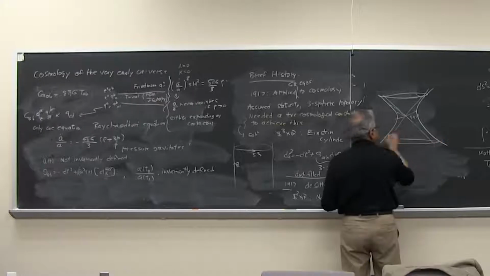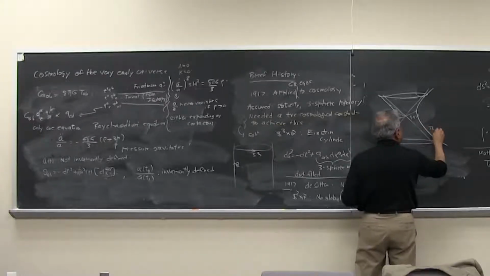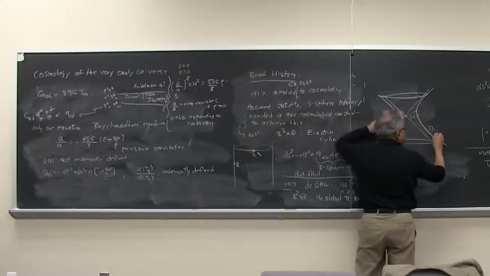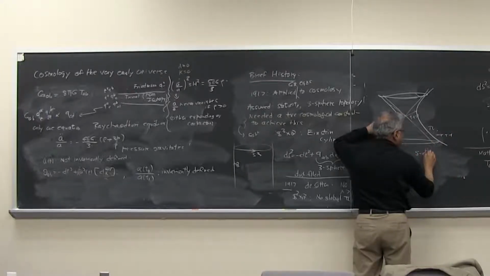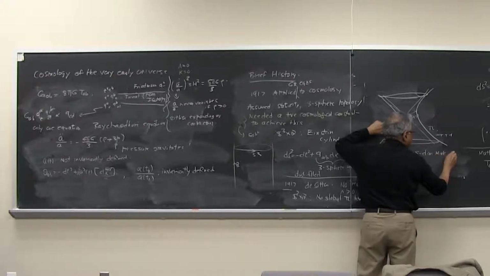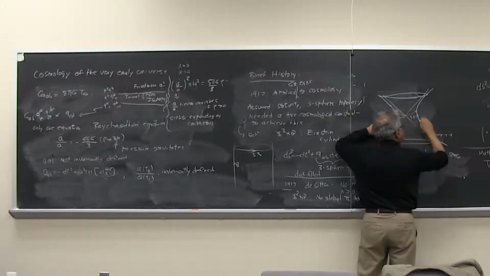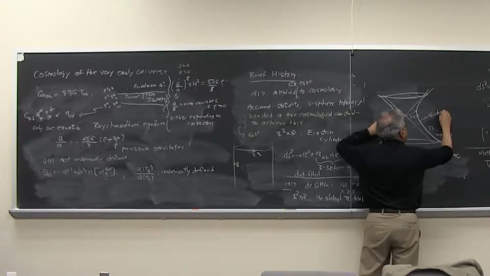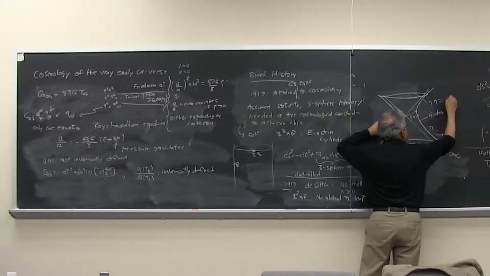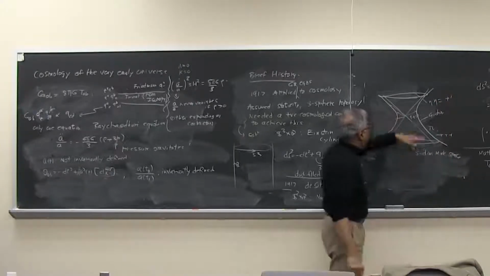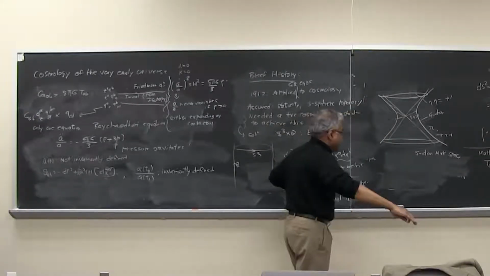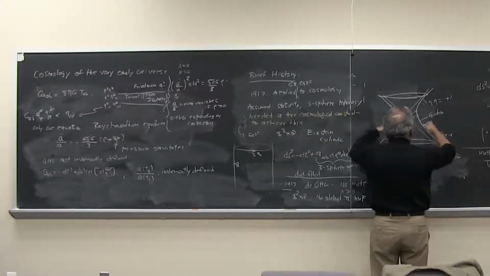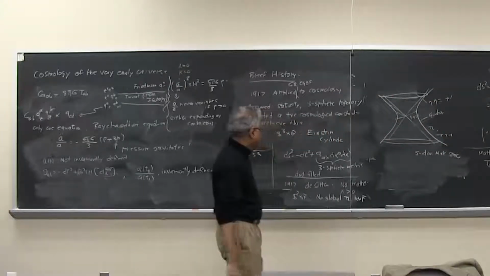This hyperboloid by inspection is time-like, since the normal is space-like, and it has signature minus plus plus plus. If I started with 5-dimensional Minkowski space, the hyperboloid is going to be 4-dimensional, and it is just defined by eta dot eta, the space-like vector, equal to plus 1. And so this is the De Sitter metric that we have up here, and the universe is sort of contracting, and then going out again, expanding again.